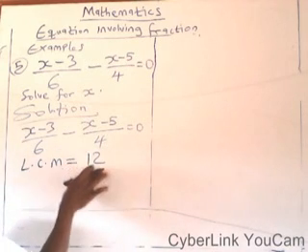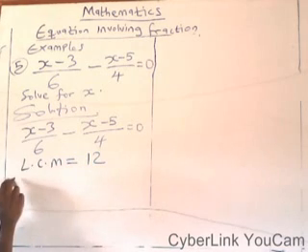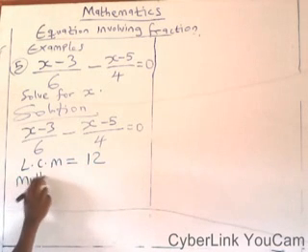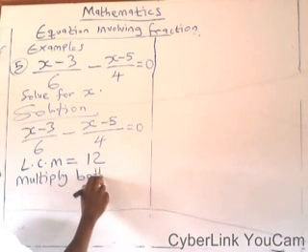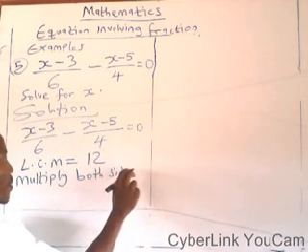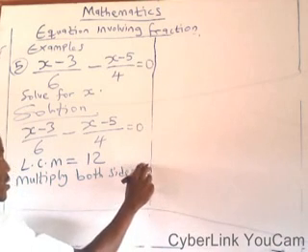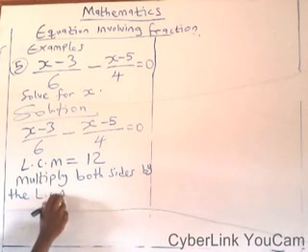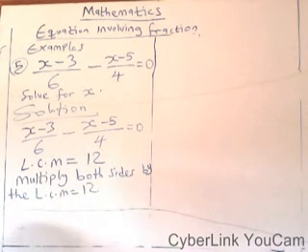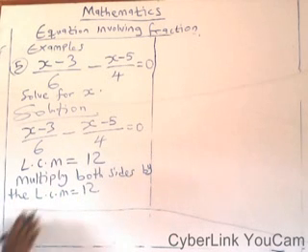By the time you find it, after finding the LCM finish, you now multiply both sides by the LCM, which is equal to what? 12. We want to multiply both sides by what? 12.